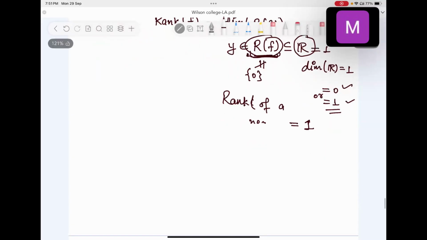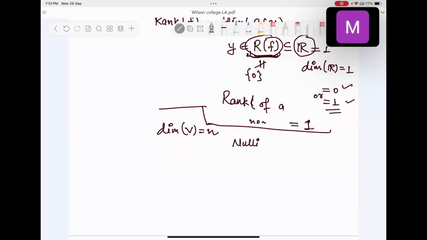Till here we don't need V to be finite dimensional. Now suppose I'm taking the dimension of V as n. Can you tell me what is the nullity of f?